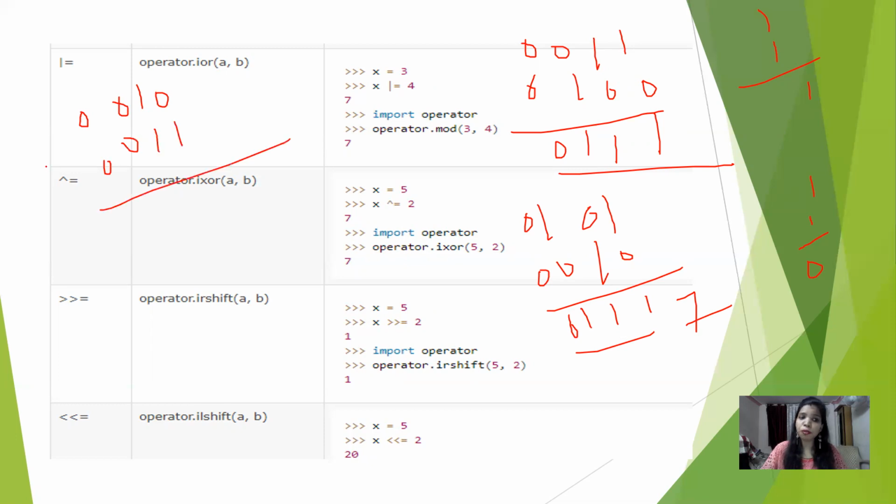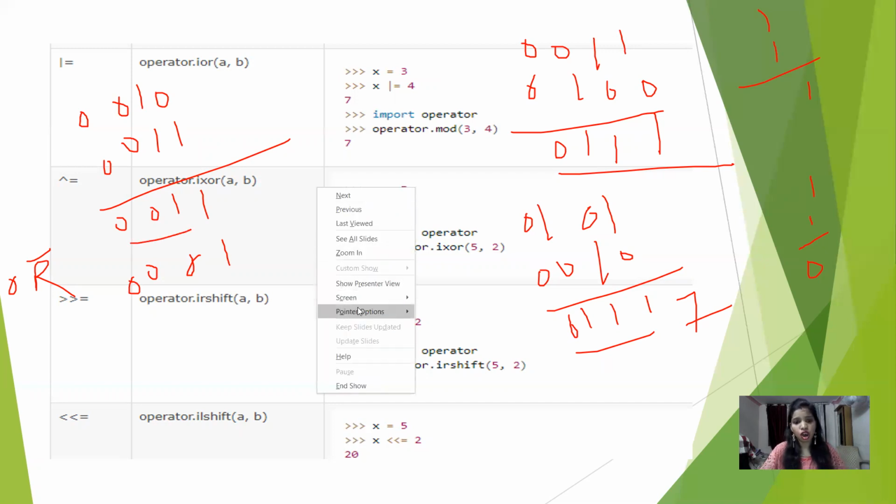If you do the OR operation, then this is 1, this is 1, 0, 0. That is for OR. But if you perform the XOR operation, then it will be 1, it will be 0. For XOR, if the inputs are different, then only the output is 1. So that is the difference between XOR and OR operations.